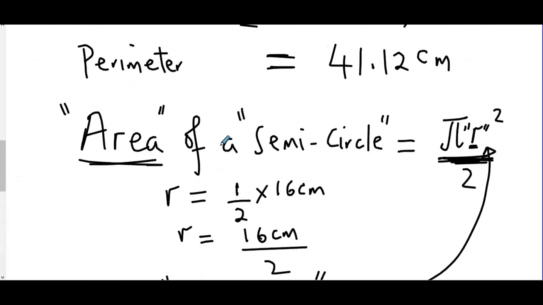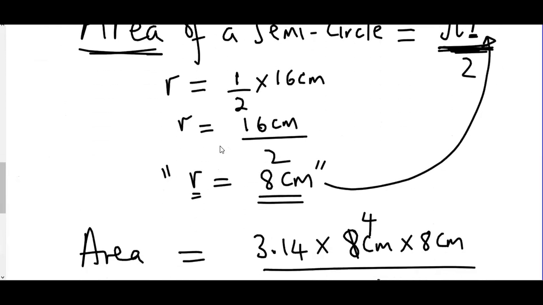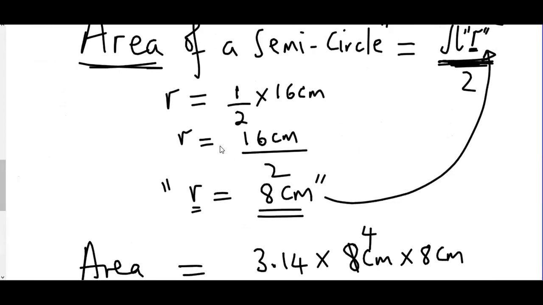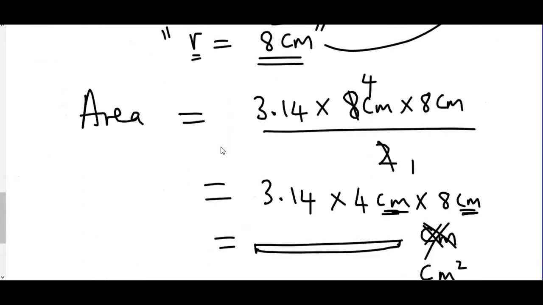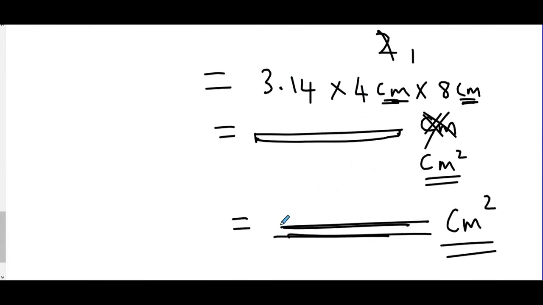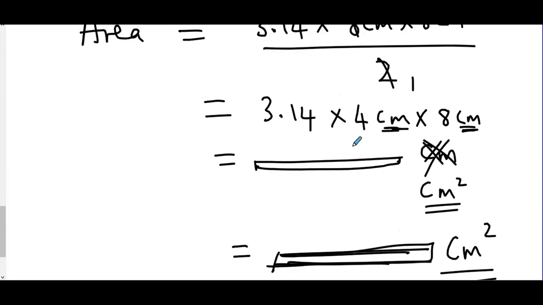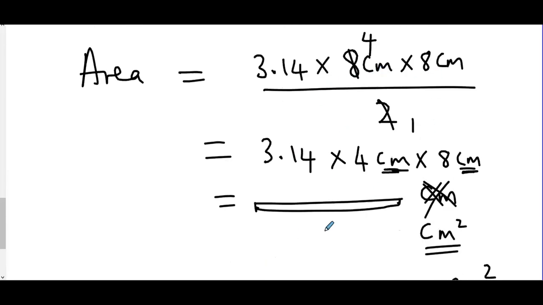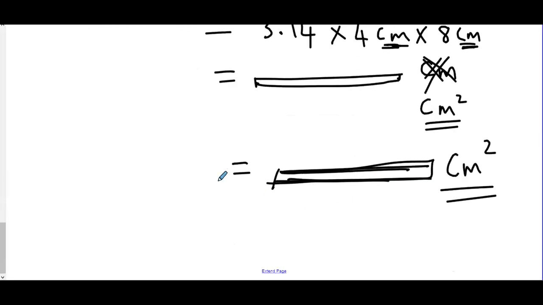Then slowly go to the conclusion. I said, please calculate this: 3.14 times 4 times 8. Calculate this and fill your answer there. Otherwise, let me push forward to the next question.